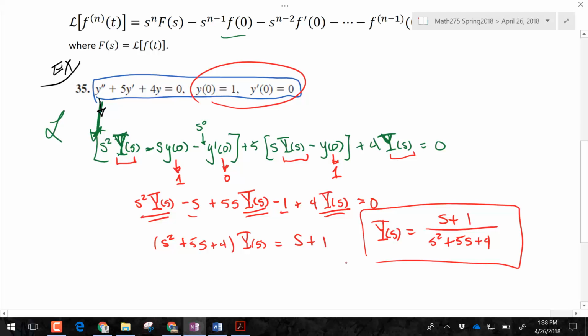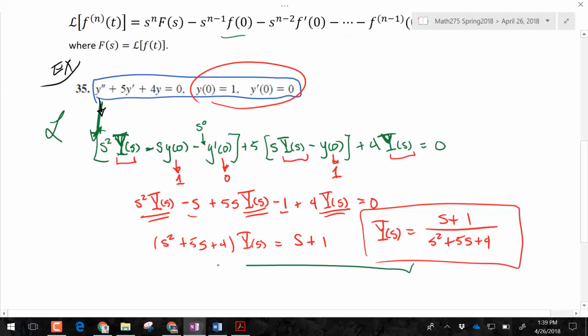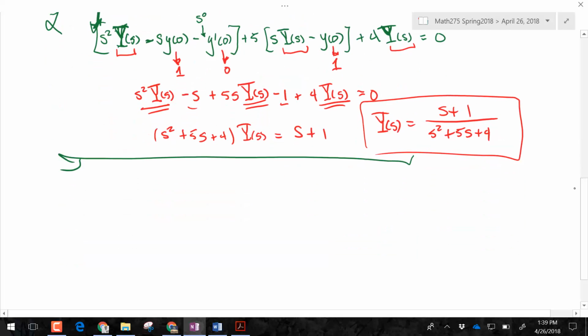Easy, right? So now we need to send it back to the real world, which means you have to make it look like one of those things.